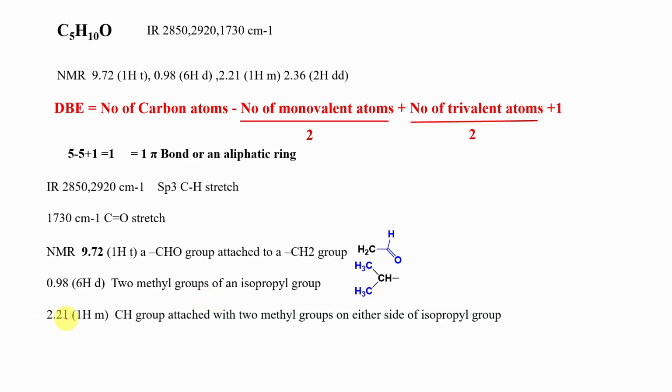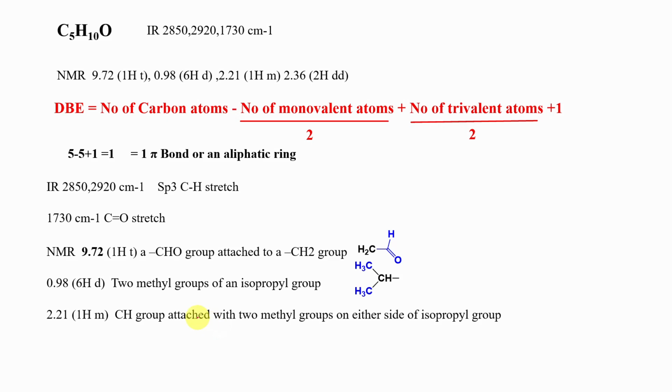Similarly, 2.21, 1 hydrogen multiplet, that is the CH group. It is attached with the 2 methyl groups on either side, and hence it gives 1 hydrogen multiplet.